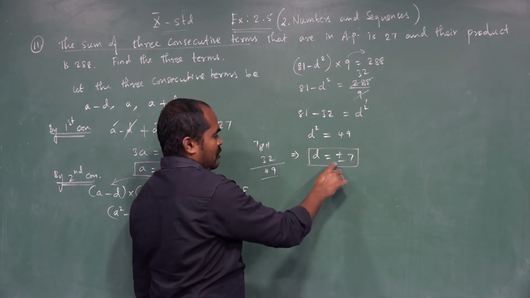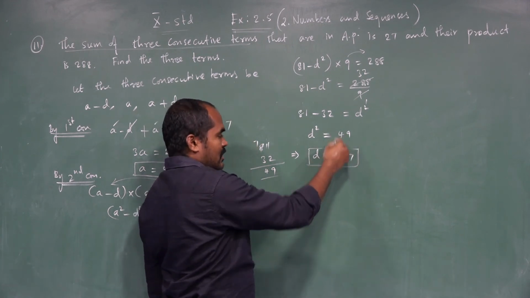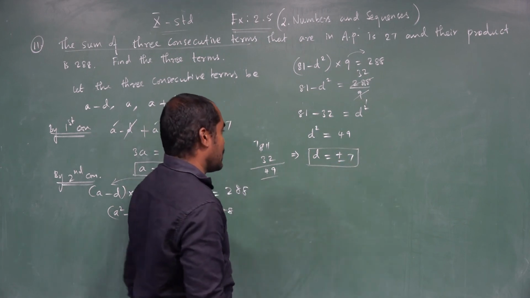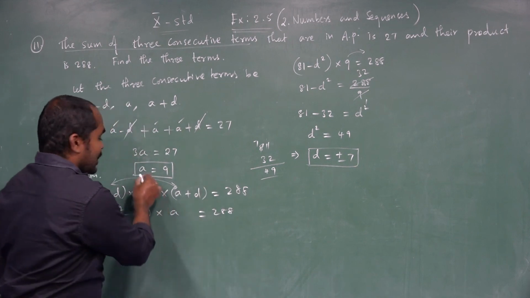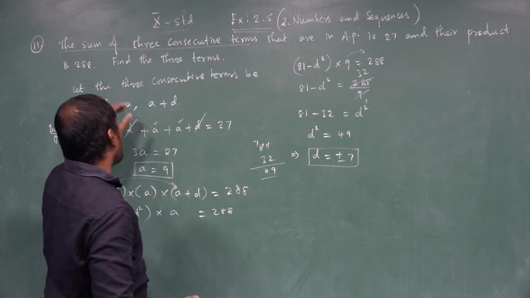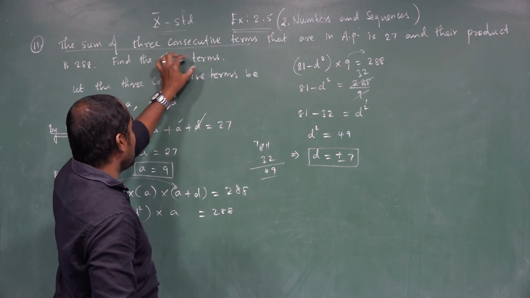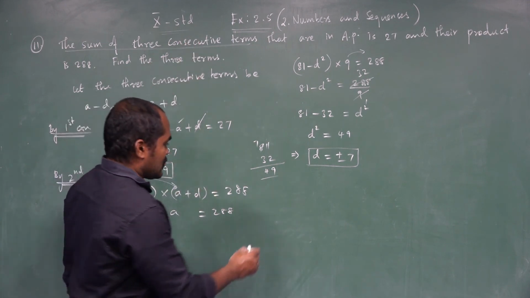Why am I writing plus or minus 7? Plus 7 square is 49, and minus 7 square is also 49. So the d value is plus or minus 7 and the a value is 9. Our question is to find the three terms.